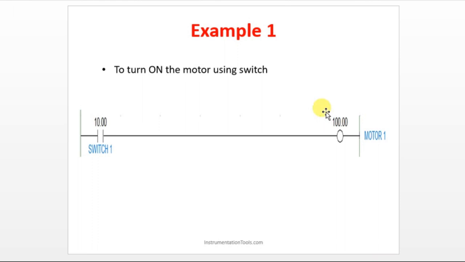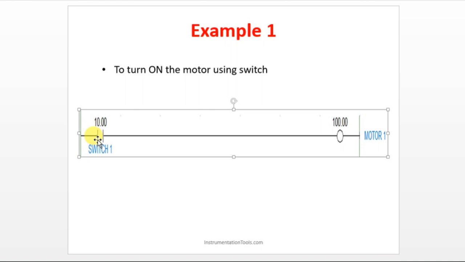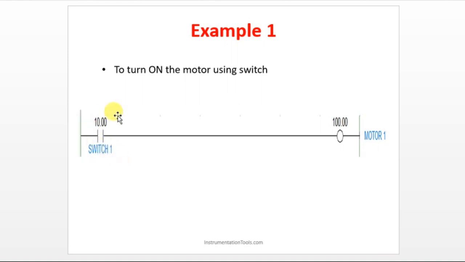This is plus, this is minus. Initially, as we have already discussed, normally open contact will not allow the power to flow from left to right. If you disturb this switch, it will allow this 24 volt to get through, so that it will reach our output, which makes our motor turn on. That's it. It's the simplest example to understand the normally open contact.